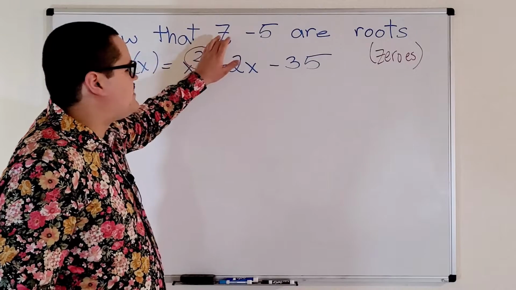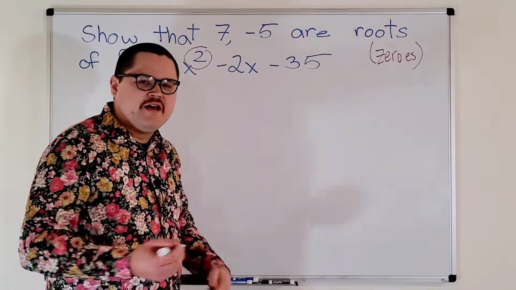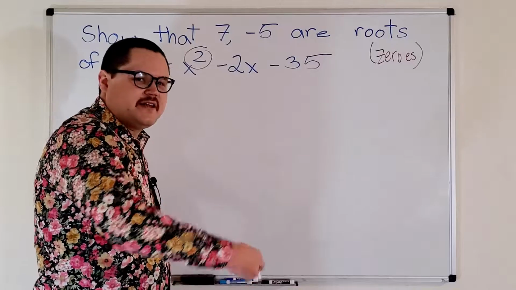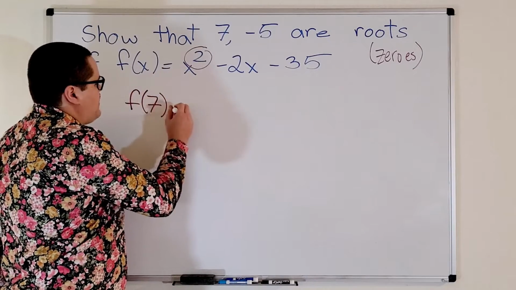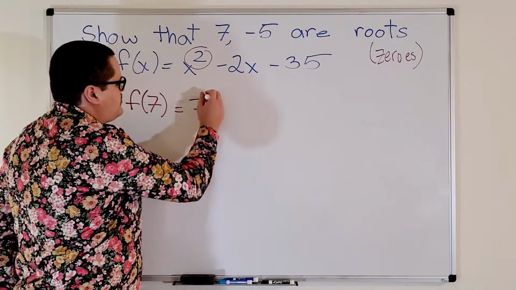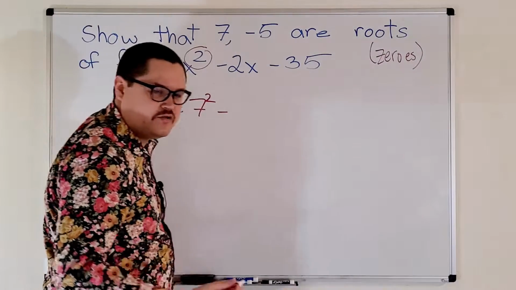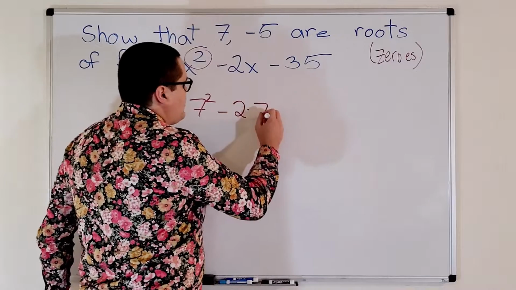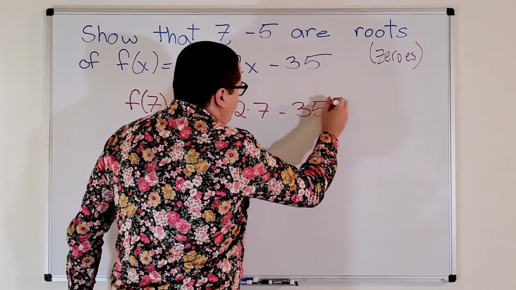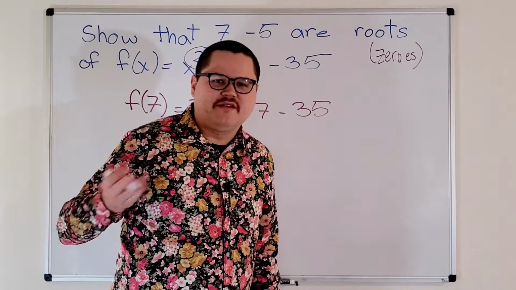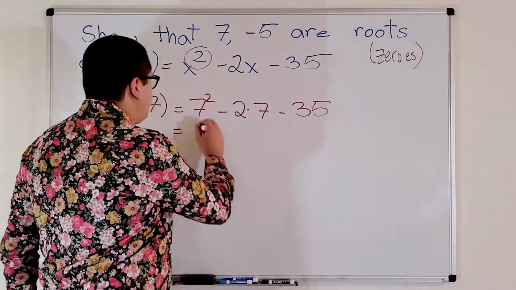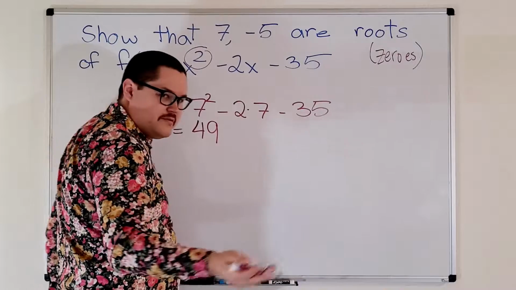For example, we want to show that 7 is a root of f of x. Well, then we just plug 7 in for x. So f of 7 is 7 squared minus 2 times 7 minus 35. 7 squared, 7 times 7, that's 49. 2 times 7, well, that's 14.